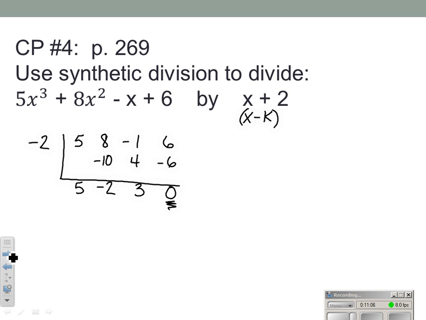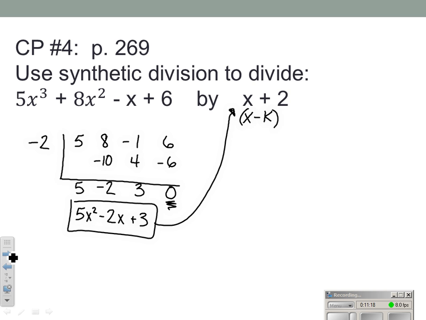So these coefficients, or these numbers, become the new coefficients of a new polynomial that would have combined with that initial factor, and if multiplied back together would give me that 5x cubed plus 8x squared minus x plus 6 that we started with. All right, so our answer is 5x squared minus 2x plus 3. Okay, hopefully that rang a bell.